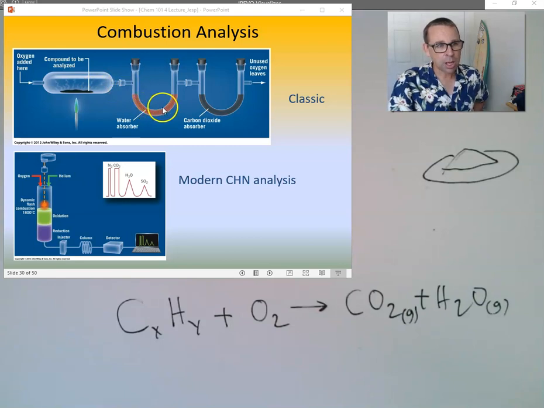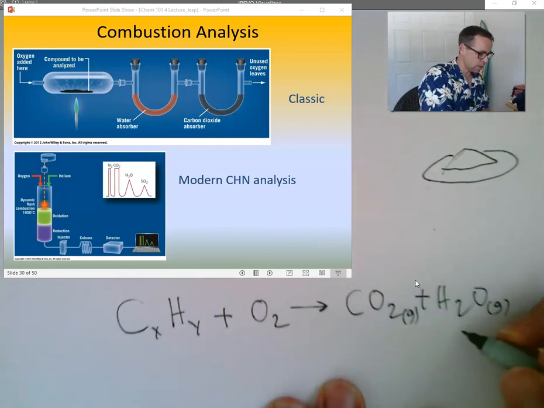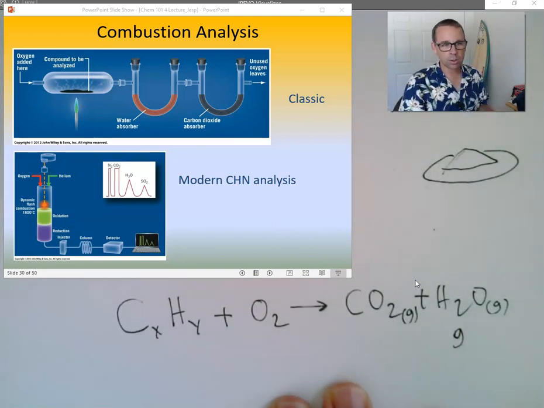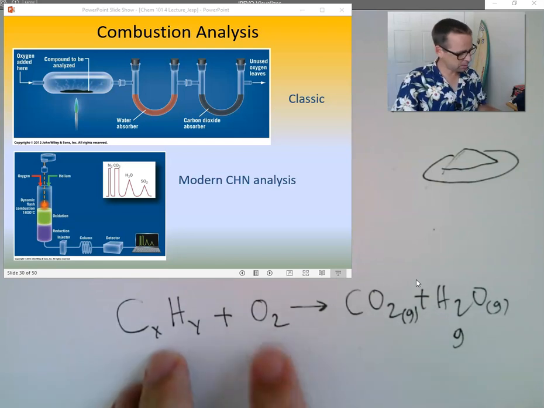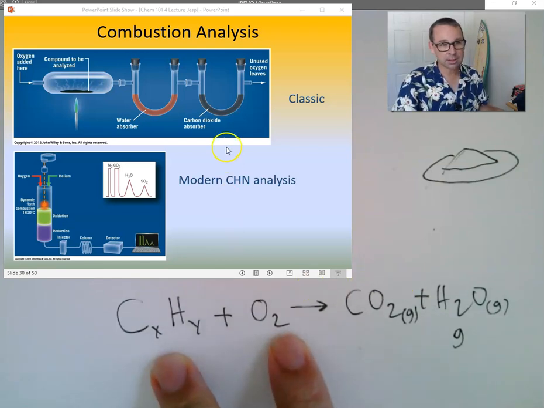The carbon dioxide and water go through the U-tubes. This one absorbs all the water, and this one absorbs all the carbon dioxide. And so you look at the mass of this U-tube. You can see you can disconnect it right there and put it on the scale. Find out how much it weighs before and after, and it'll tell you the grams of water that you got from that elemental analysis.